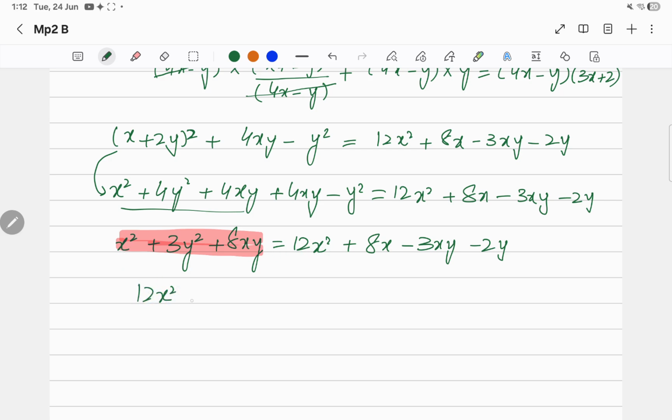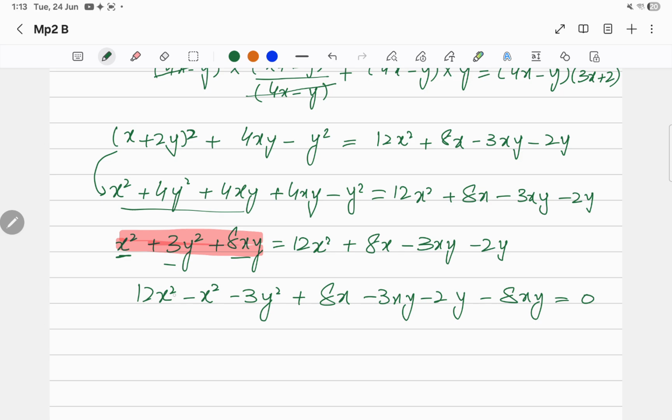If you take this x squared to the right, it's minus x squared, and if you take this 3y squared to the right, it's minus 3y squared, plus 8x as it is, minus 3xy as it is, minus 2y as it is, and if you take 8xy to the right, it will be minus 8xy equals 0.